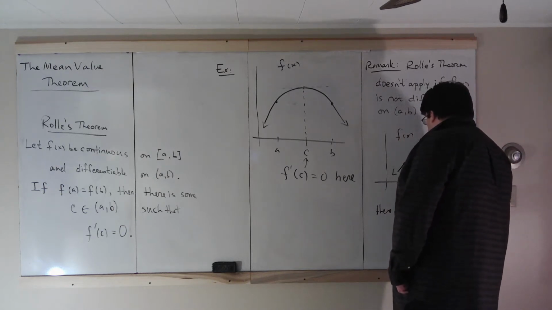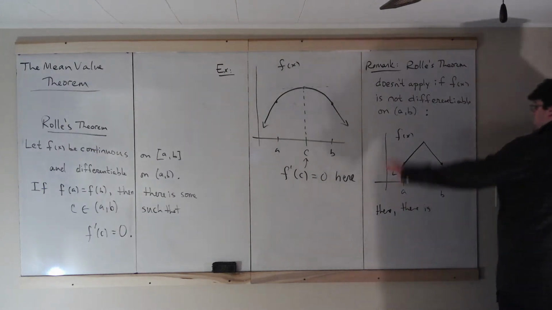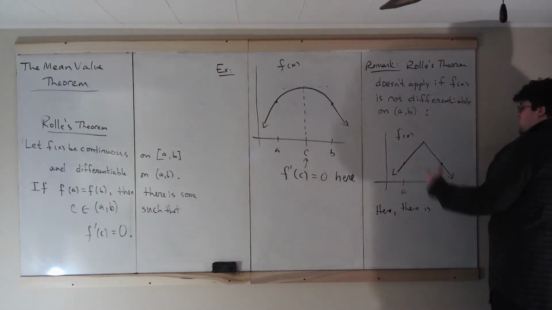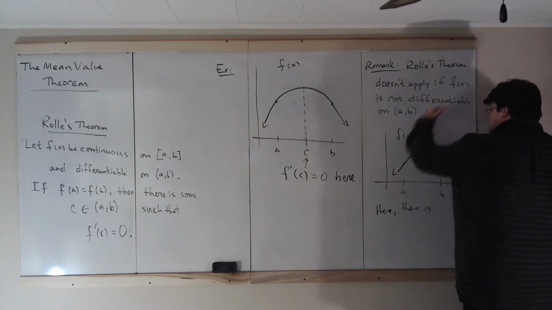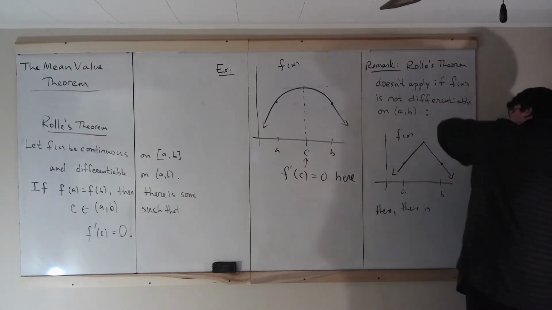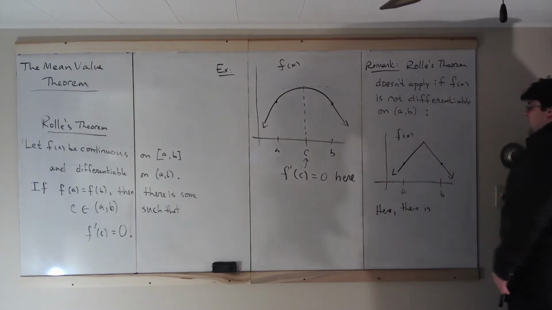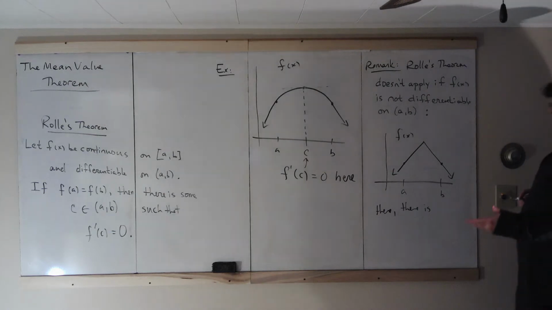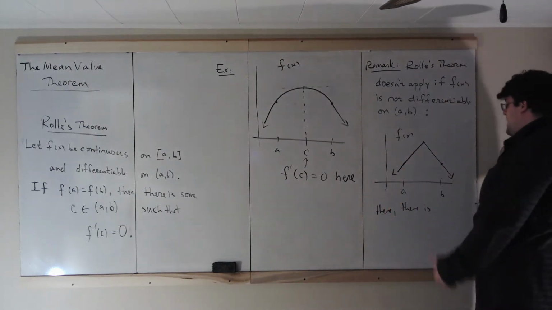There is no value where there's a horizontal tangent line. Remember, at that point, the tangent line doesn't exist because on this side we have positive sloped tangent lines. On this side, we have negative sloped tangent lines. The derivative at that top point doesn't exist. In particular, it's not 0. The derivative everywhere else is also not 0.